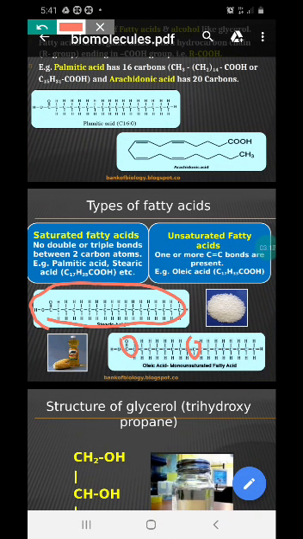Okay, and what is glycerol now? Glycerol is otherwise called trihydroxypropane. Propane means it contains 3 carbon atoms. Trihydroxypropane, CH2OH, CHOH, CH2OH.